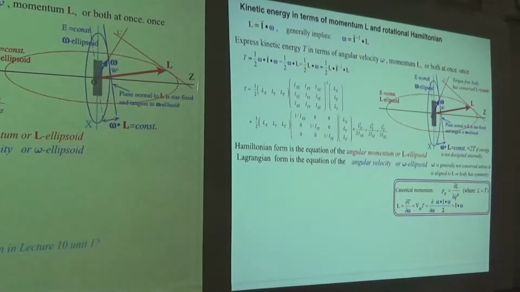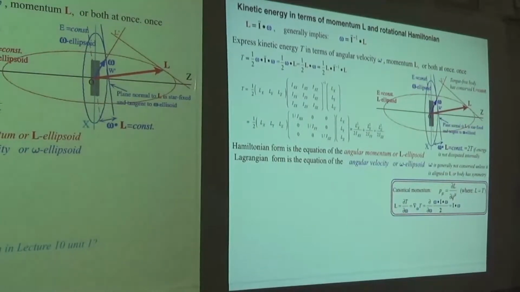The L is basically the gradient of the kinetic energy, which is the quadratic form, differentiated with its independent variable. That's the Lagrangian way of going at this thing, and that L is going to be I dot the velocity.